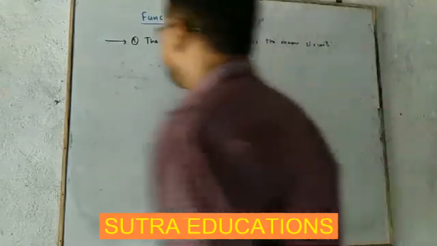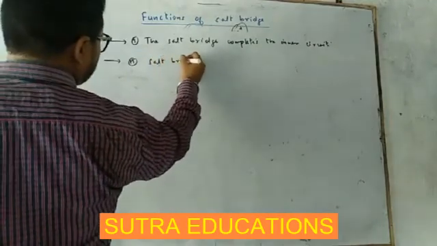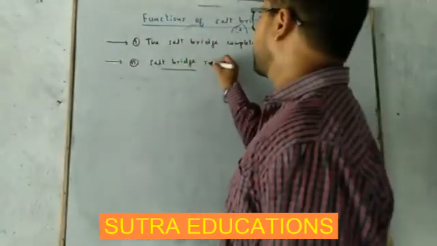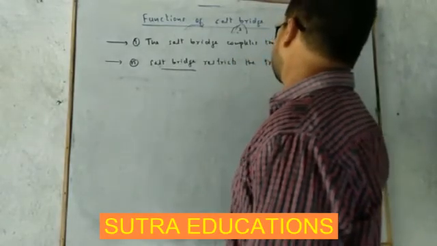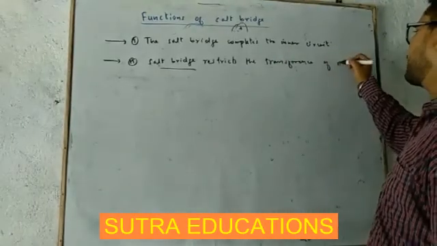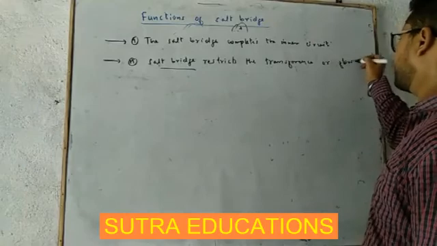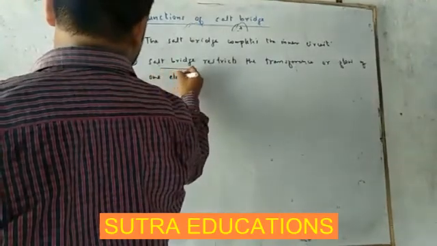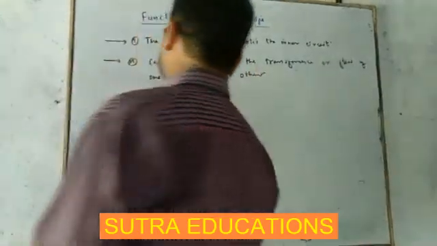The second point is: salt bridge restricts the transference or flow of one electrolyte into the other.